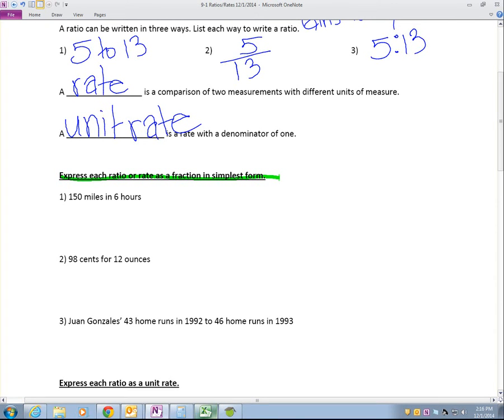On your homework, it says express each ratio as a unit rate. Wait a second, I did that backwards. I jumped ahead. But it does say express each ratio or rate as a fraction in simplest form. It's the first 13 questions of your homework. So that stays consistent.